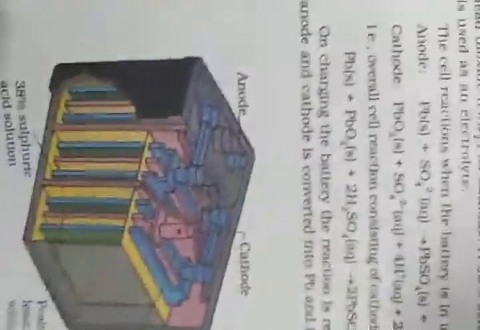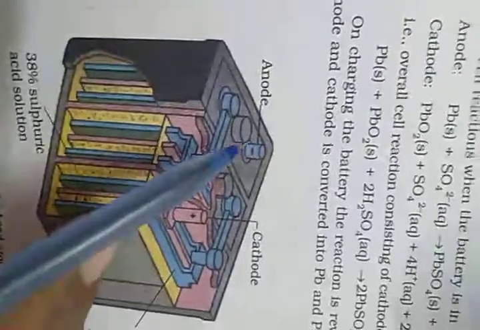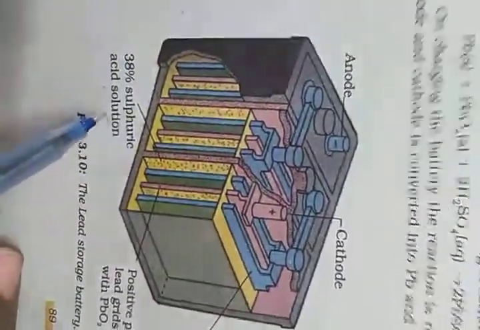The lead storage battery in figure 3.10 is the most important secondary cell, used in automobiles and in inverters. See this diagram of the lead storage battery: anode, cathode, and 38% sulfuric acid solution.